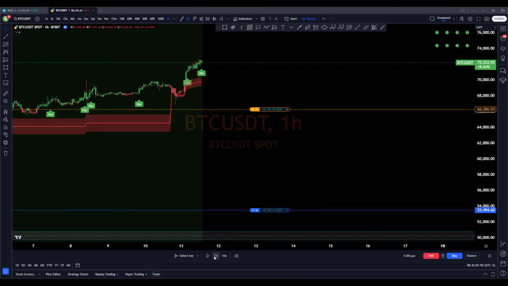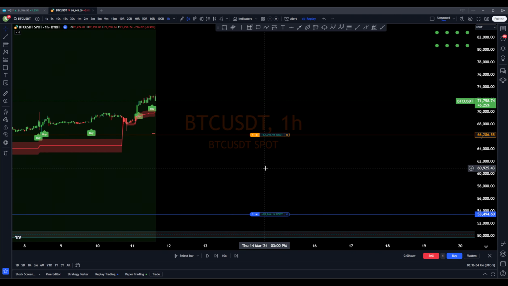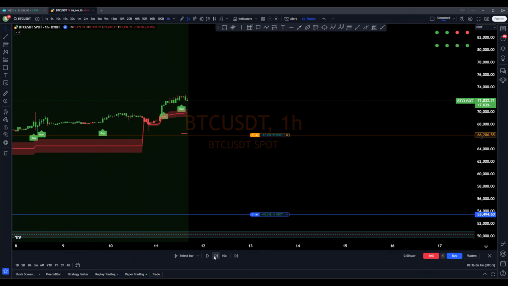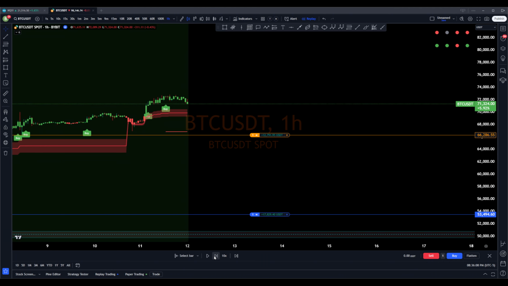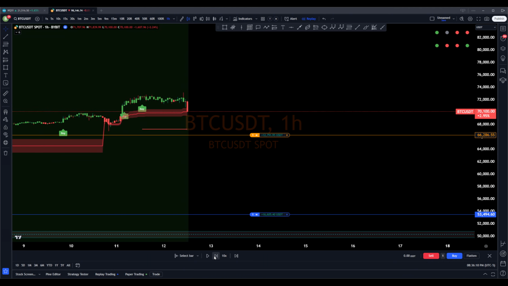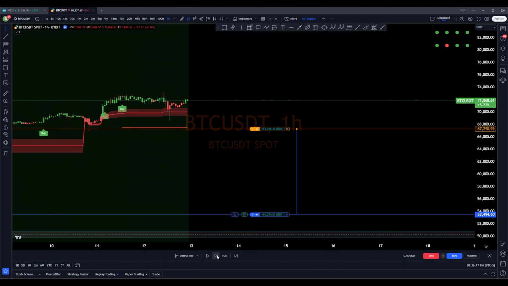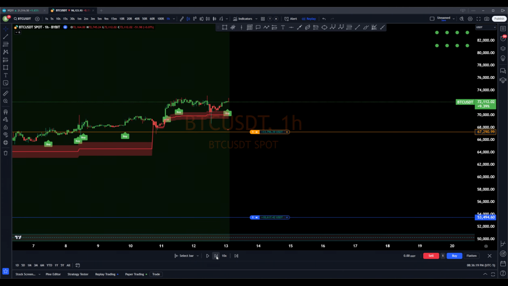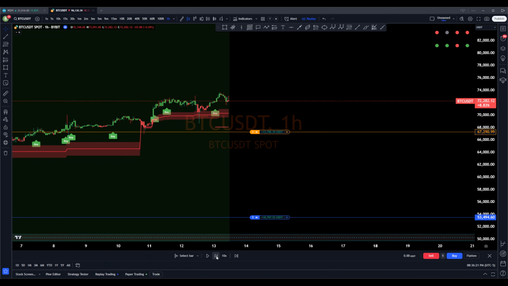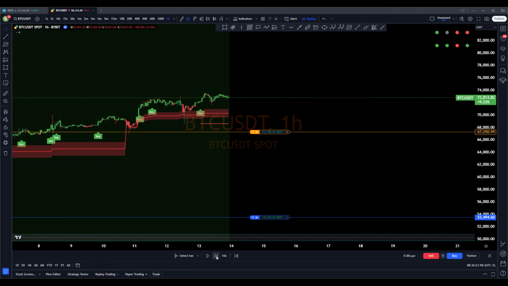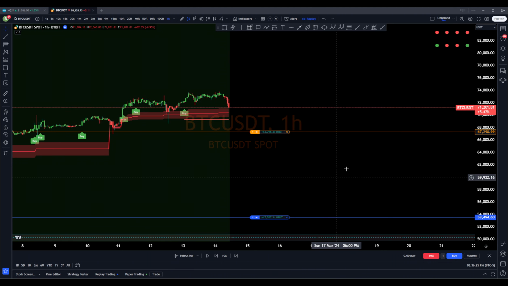Just on one contract entry, and it is moving up, and I think we should probably follow it. So we'll follow that line. And we're still doing good.